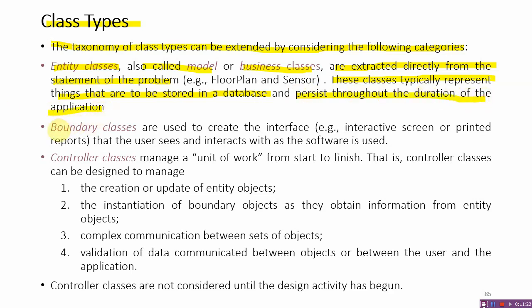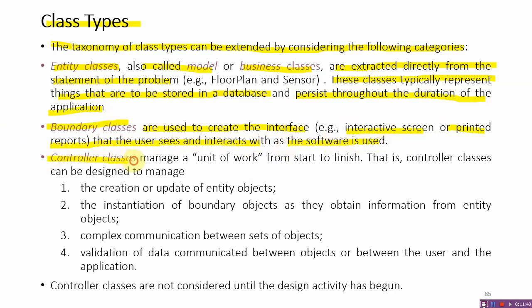Another type of class is boundary class. The boundary classes are used to create the interface, for example an interactive screen or printed reports, which the user sees and interacts with as the software is used.